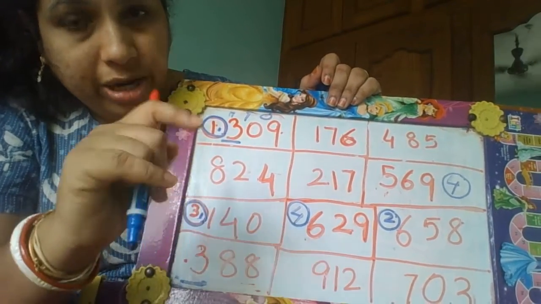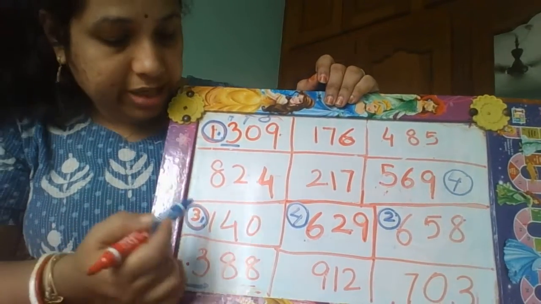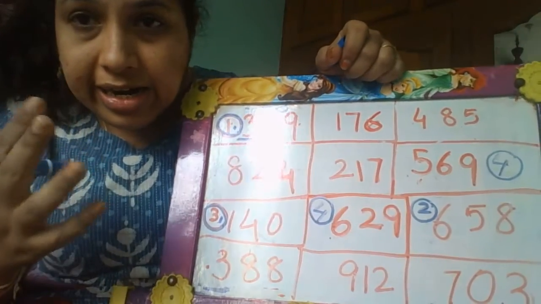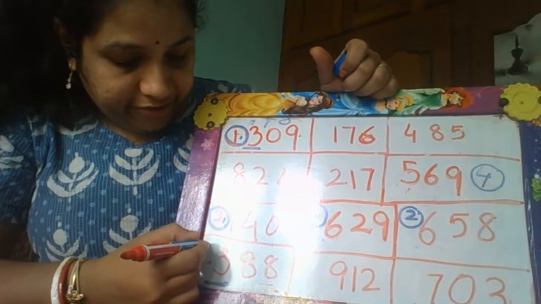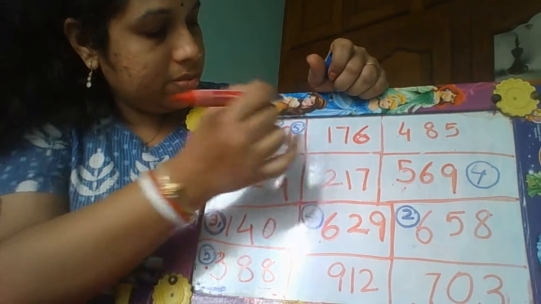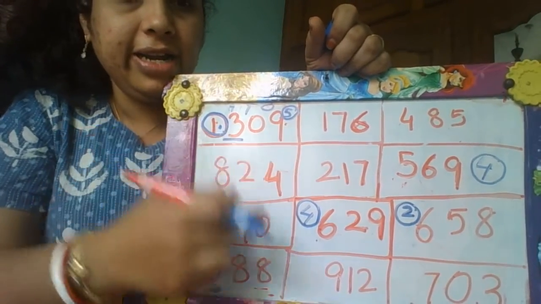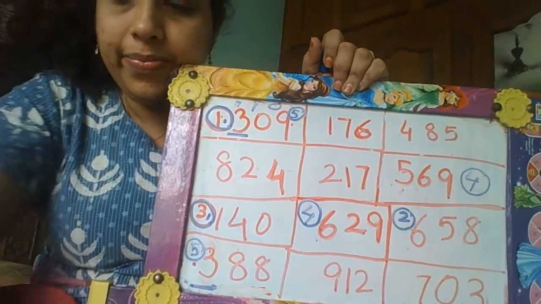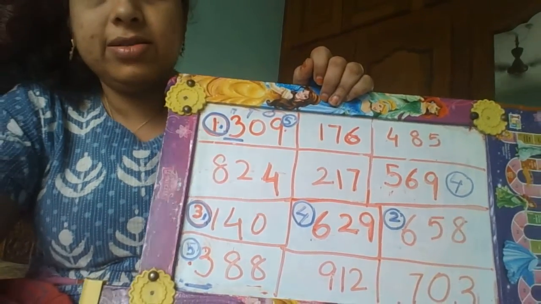No, we have only two numbers, 388 and 309. So these two are the answer for 3 hundreds in a number. So this is the fifth one, 309 and 388.